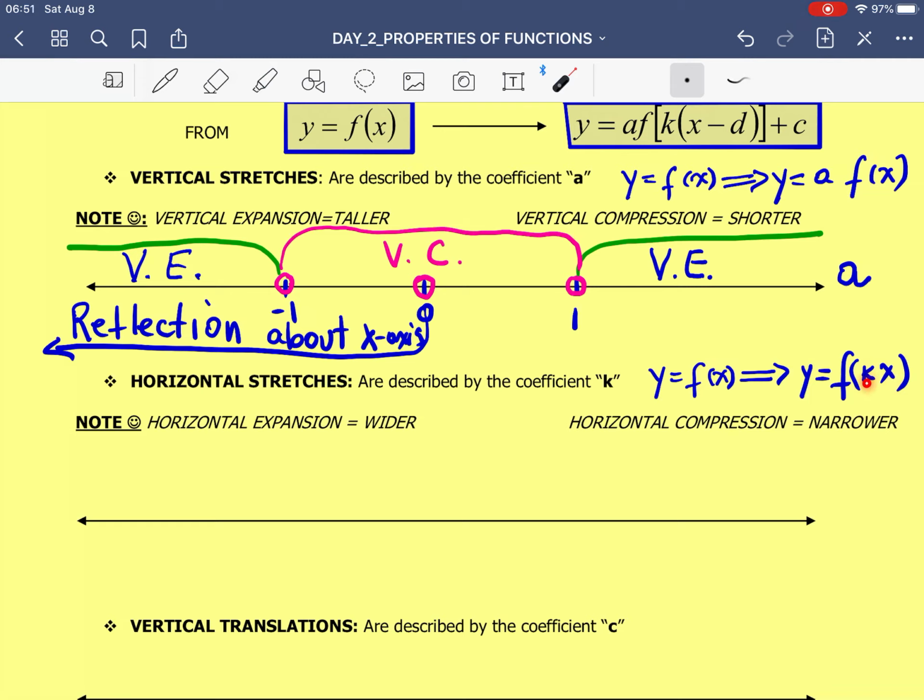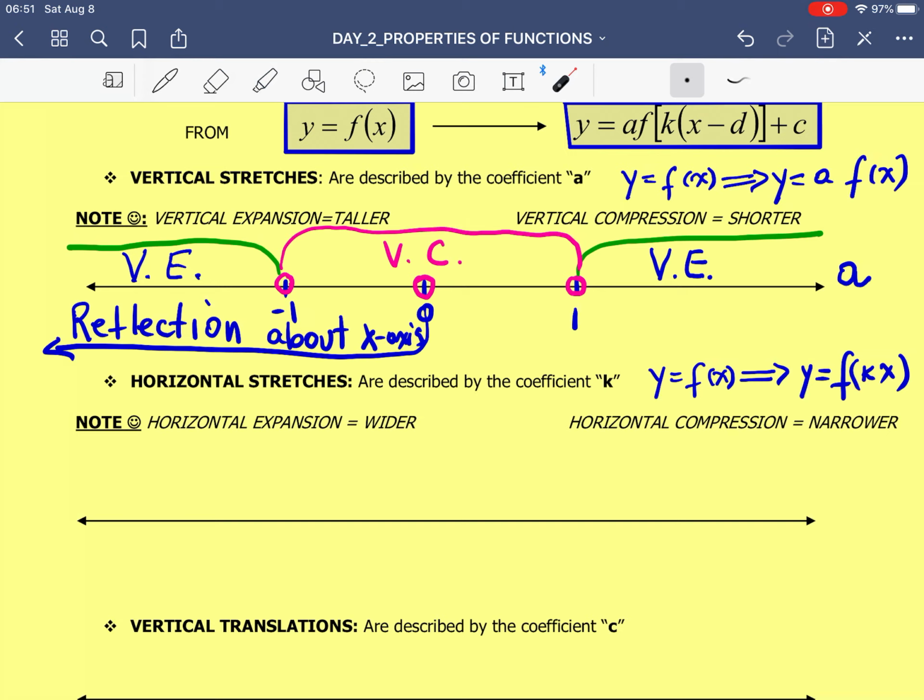Imagine that if you multiply x by k bigger than 1, the x values will expand, right? So they will become bigger. So for the same values of x that we had before, now we have x empowered by k, so the y values will be reached faster.